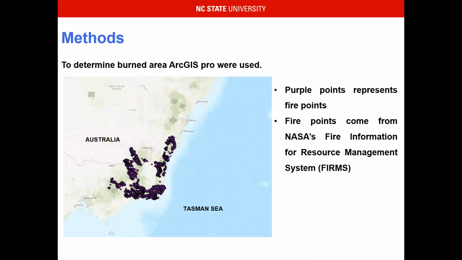To determine burnt area, NASA's Fire Information for Resource Management System, FIRMS, was utilized to create fire points, and these points are put into ArcGIS Pro. As you can see here, purple points represent the fire points for that specific area, and after these points are aggregated via ArcGIS Pro, burnt area is clearly determined in square meters.